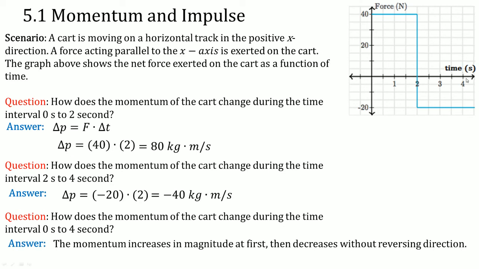Then it decreased here to negative 40 kilogram meters per second. If we add those together, you get a positive 40 kilogram meters per second. That is the total change in momentum from 0 to 4 seconds.